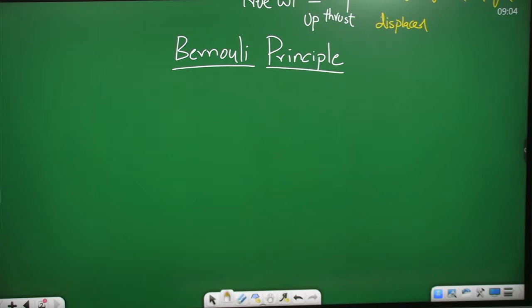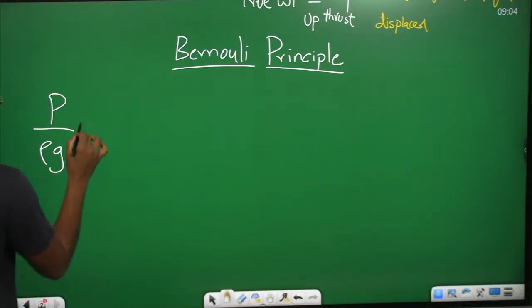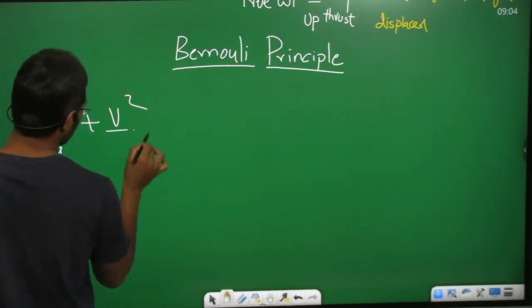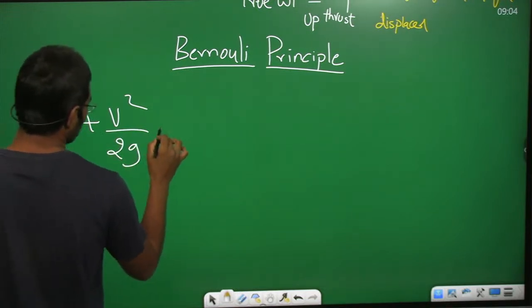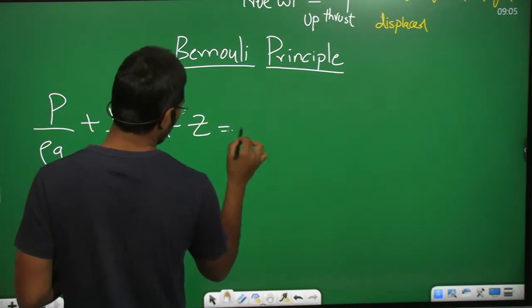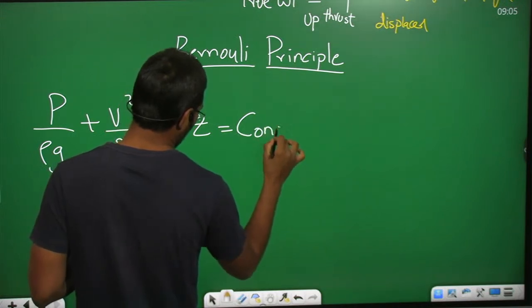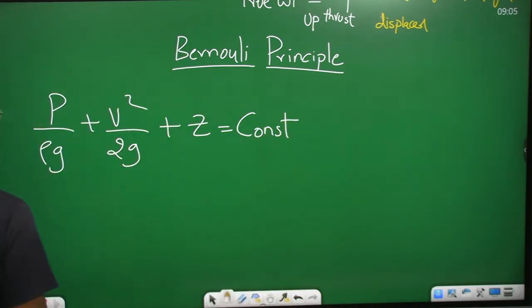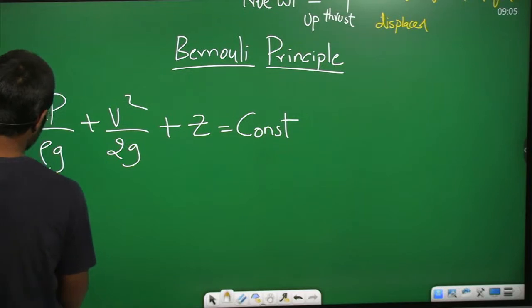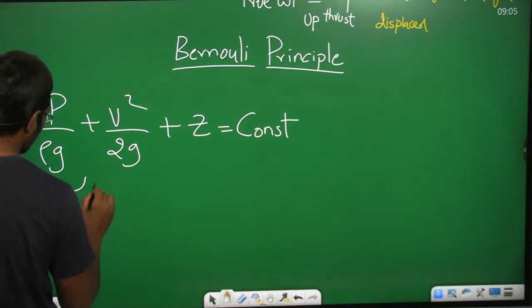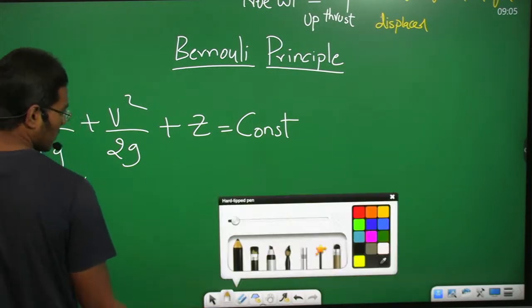So come on, people watching online, try to write the Bernoulli's principle and check whether you are getting it right or wrong. So P by rho g plus V square by 2g plus Z is equal to constant. So this is the Bernoulli's principle. What does this represent? What does P by rho g represent?